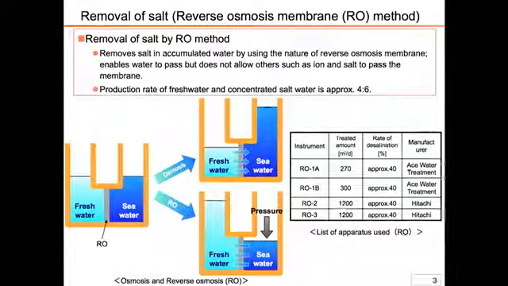RO-1B is 300 cubic meters per day, and RO-2 and RO-3 are 1200 cubic meters per day. RO-1A and B were manufactured by ACE Water Treatment, and RO-2 and RO-3 were manufactured by Hitachi. In addition, we are primarily operating RO-2 and RO-3. Today we are operating RO-3.